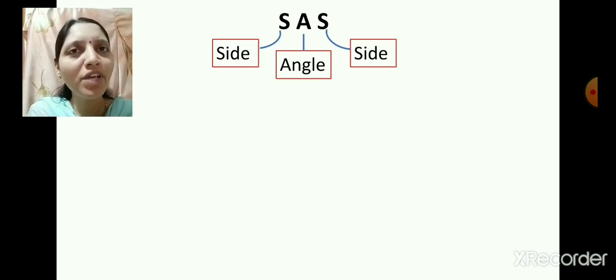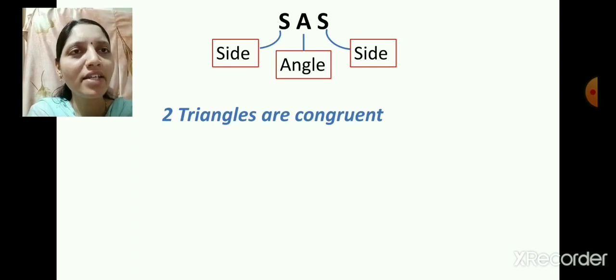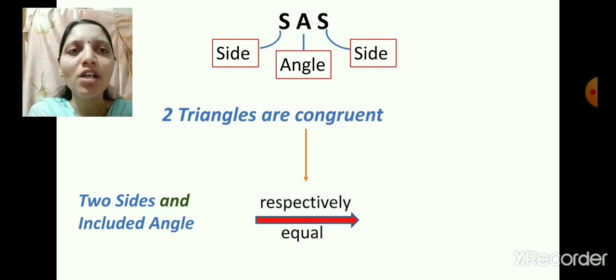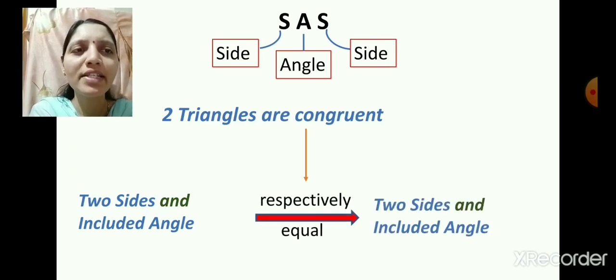When can we say that two triangles are congruent by this test? If two sides and the included angle of one triangle are equal to the corresponding two sides and included angle of another triangle, then we can say that these two triangles are congruent by the SAS test.